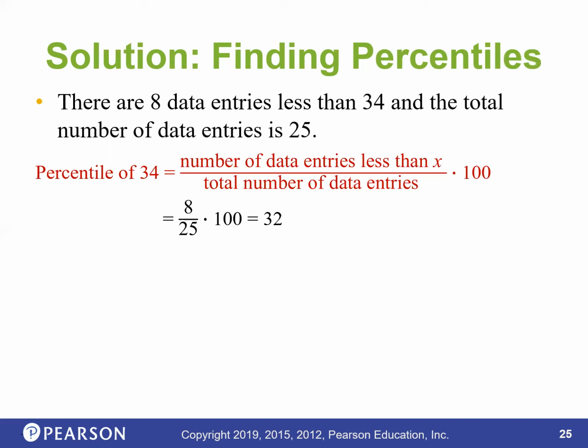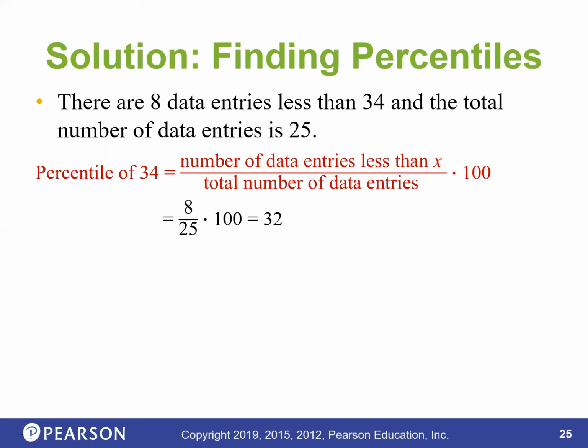So I got myself a 32. It was like 32.4. We still round it off to 32. If it was 32.8, we round up to 33.